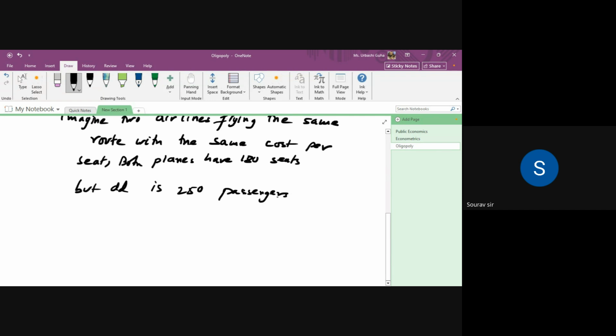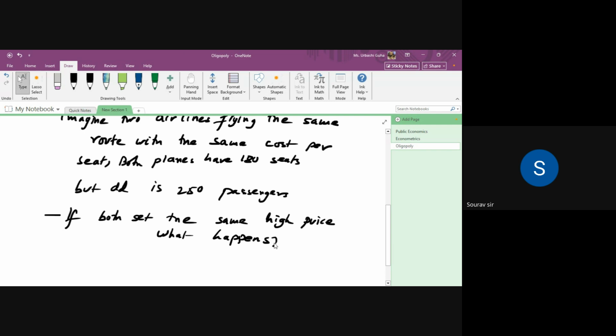Now what will we do in this case if both set the same high price? What happens?